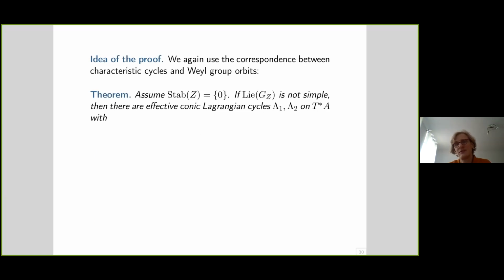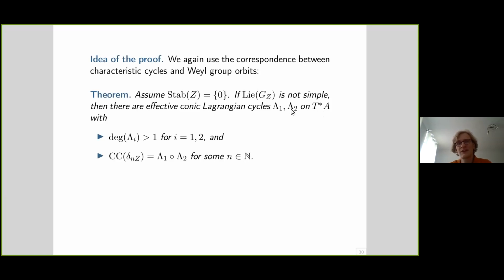And if you unravel this correspondence, you see that you will find effective conic Lagrangian cycles, lambda 1 and lambda 2, on T^*A, such that both of them have degree strictly bigger than 1, so they are not conormals to a single point.